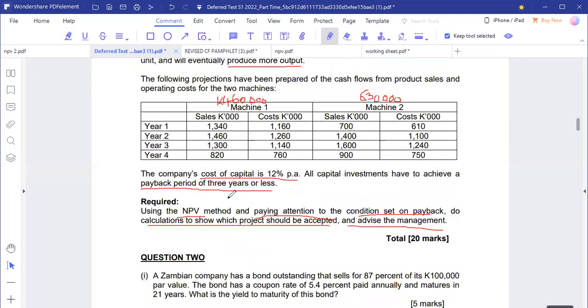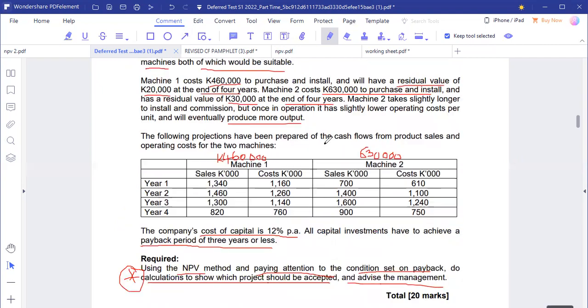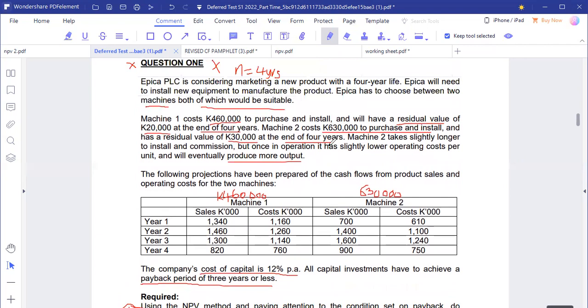Okay, so this is our requirement. Among the techniques, NPV is a very important technique that examiners would ask in most cases. It doesn't miss in an exam, so you just need to understand it thoroughly.